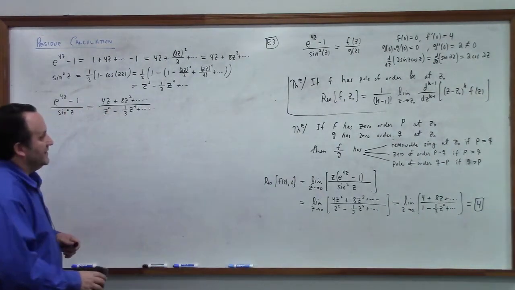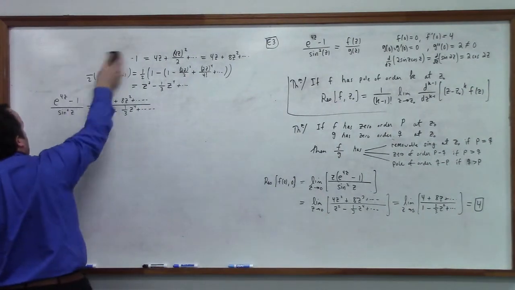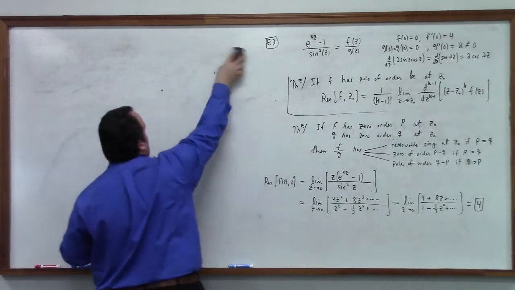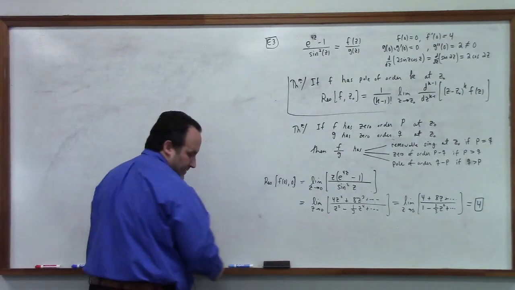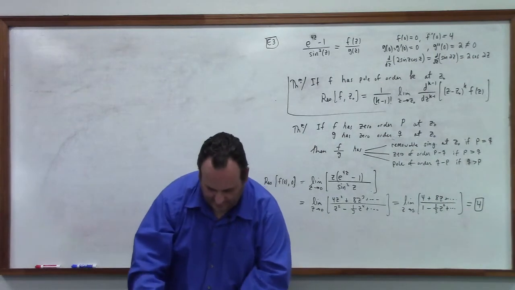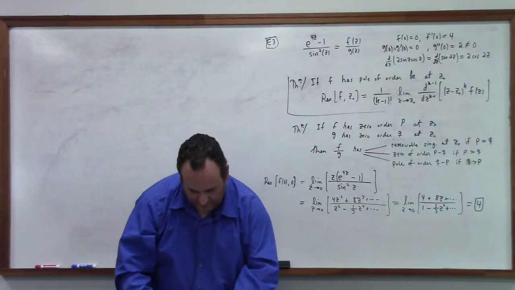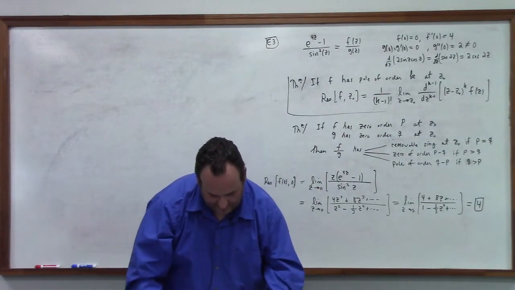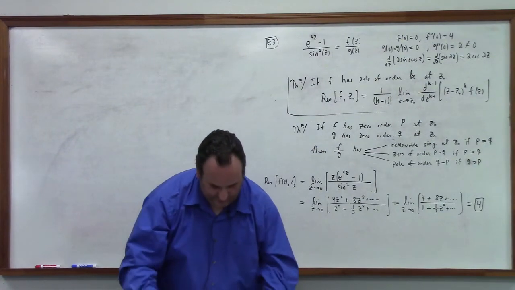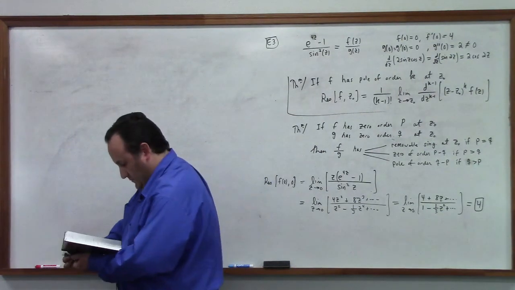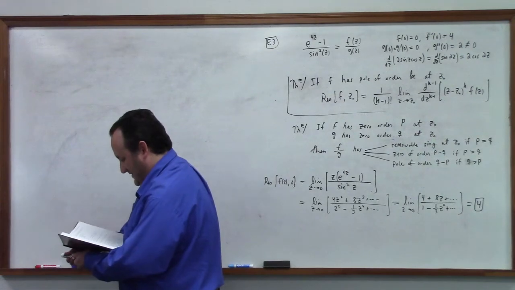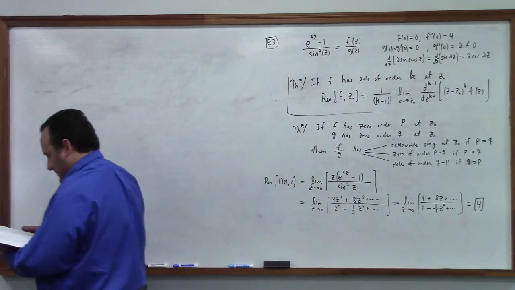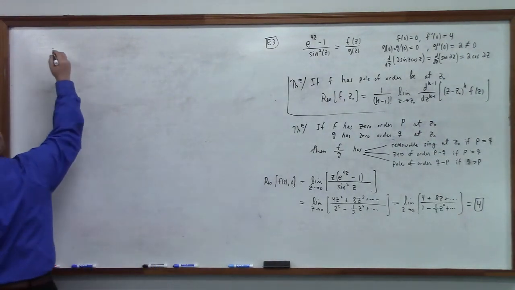All right, so let's look at an example. I'm going to show you our first application of the residue calculus. This is a pretty standard example. I'm not sure how standard it is, but it's an example.